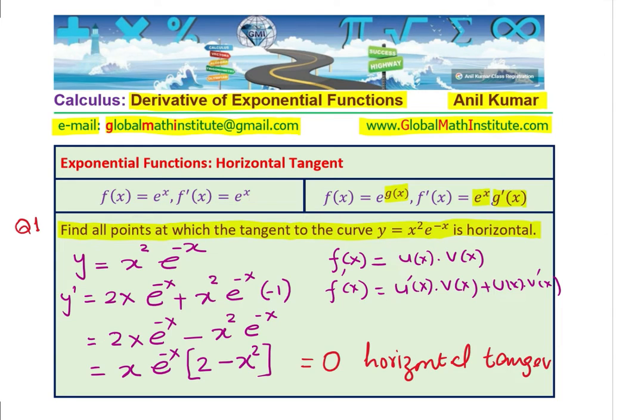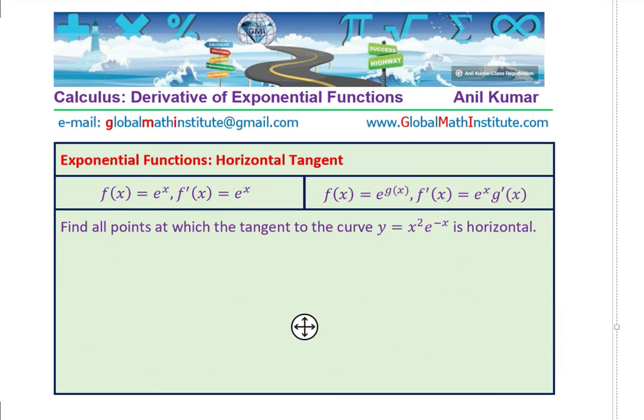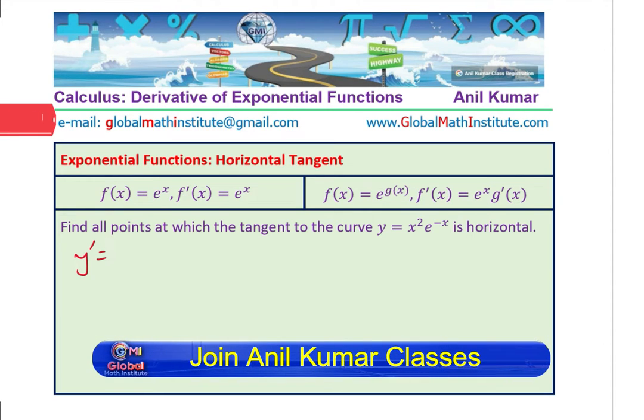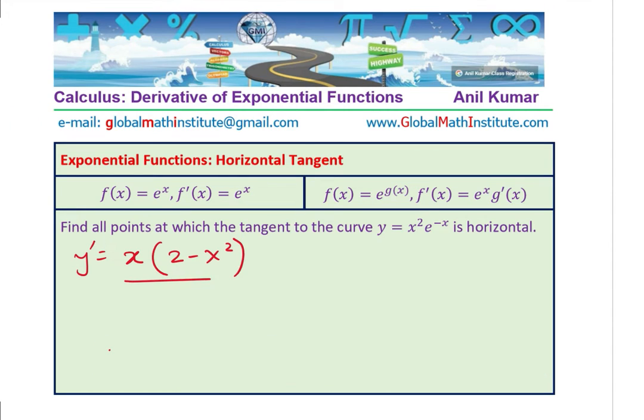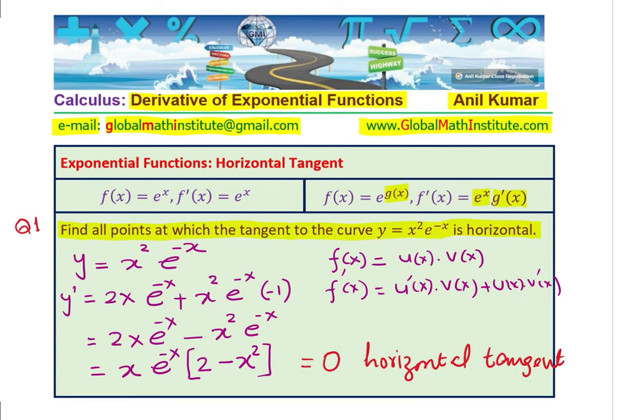Clear? So let's find out these points on the next page. So we have the derivative. Let me write down the derivative of this function. y prime equals x times, what did we get? 2 minus x squared, I think, right? e to the power of minus x, we can write it in the denominator, correct?